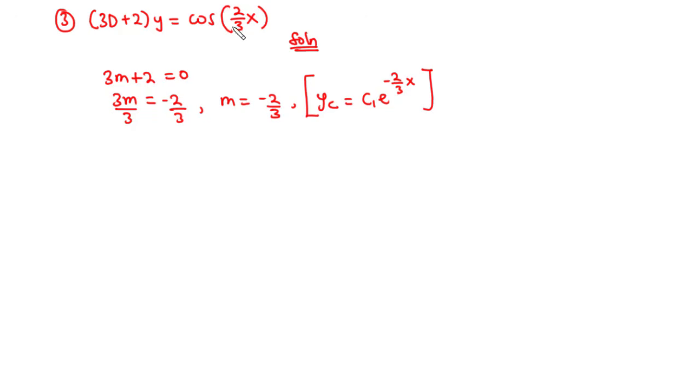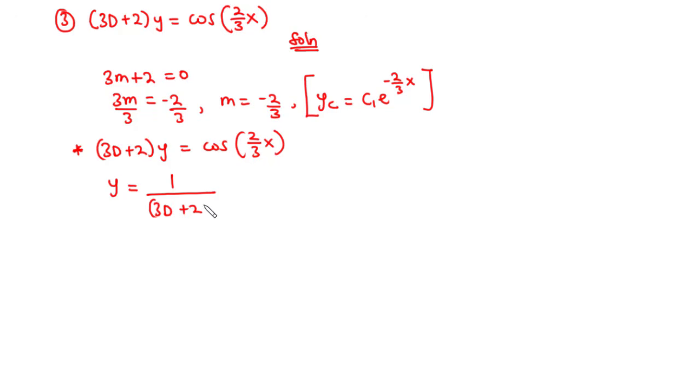So for this differential equation given, that is 3d plus 2 in a bracket times y equals cos 2 over 3 x, we can represent this as yp equals 1 over 3d plus 2 times cos 2 over 3 times x.